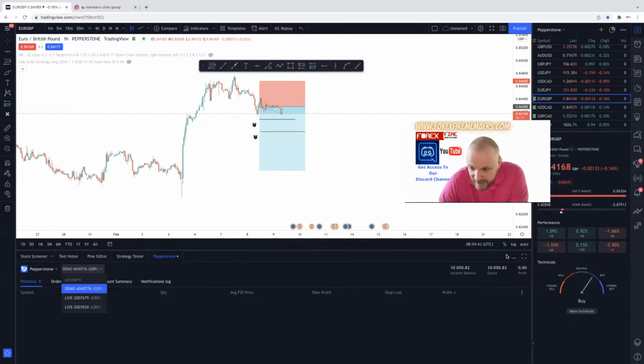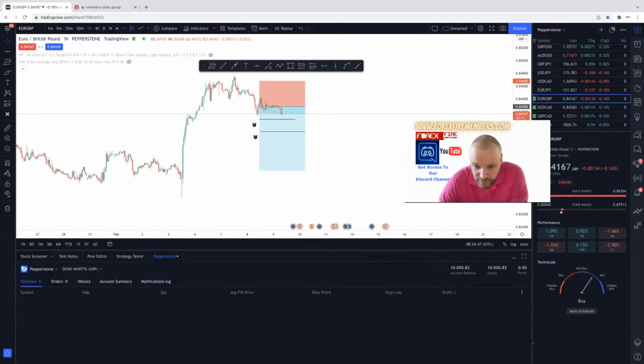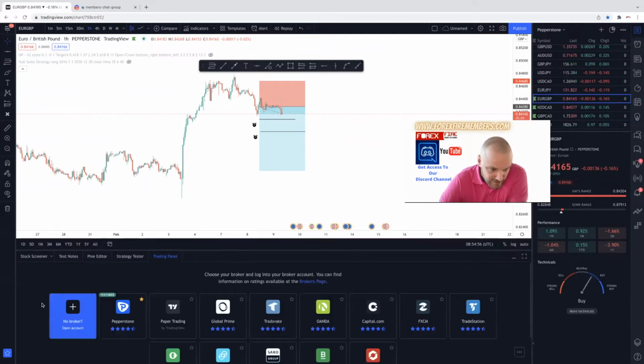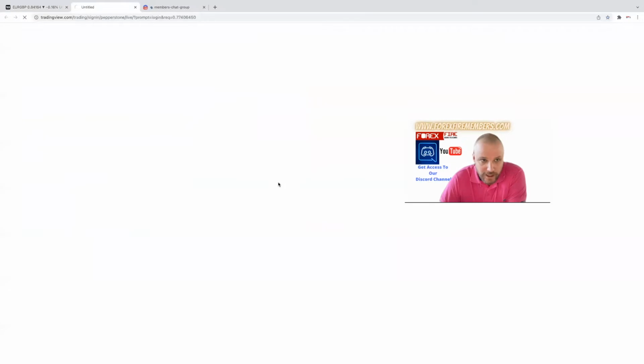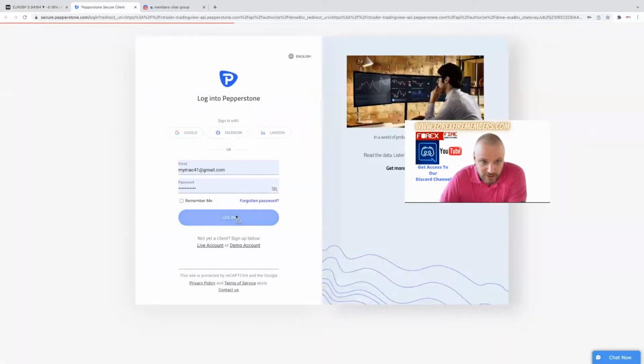From there, again, on the paper trading side of TradingView, you can simply log on. When you log out of this, you've got to connect Pepperstone. So I connected my Pepperstone, and it'll ask you to log into your Pepperstone account.